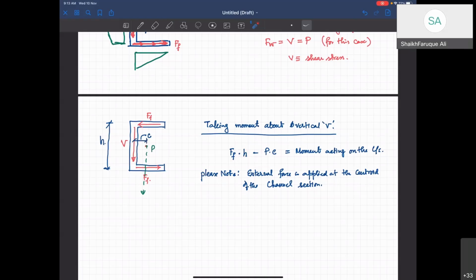Okay, clear? Or let's not look from the external and internal load. We can do it completely based on the internal load, right? So this equation can be written in terms of internal load.